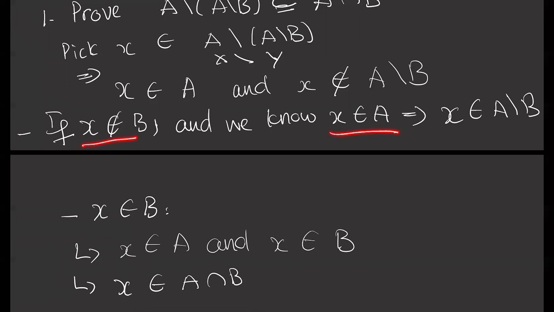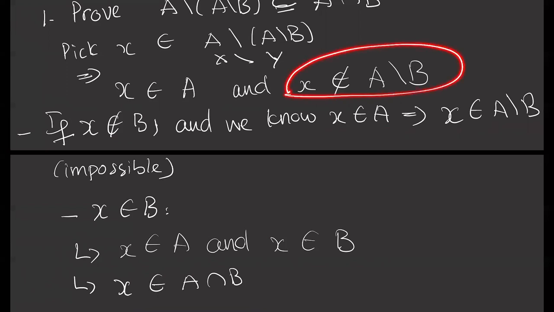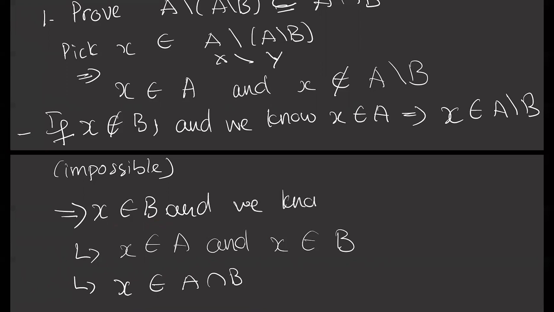X in A and X not in B implies X is in A exclude B, and this one is impossible because we already have X is not in A exclude B here. Therefore, X has to be in B, right? Does this make sense? And since we know that X is in B, and we know X is in A, it means X is in A and X is in B, which means X is in A intersect B.